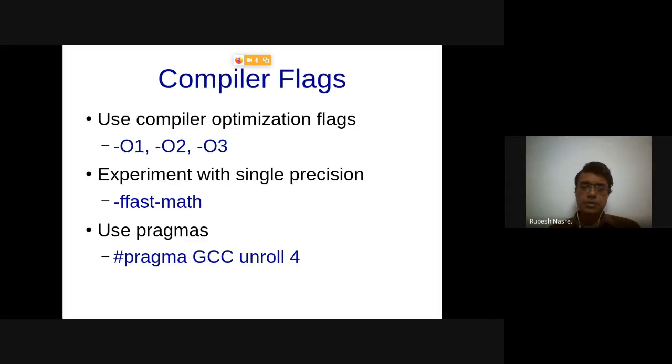Then there are certain pragmas which the compiler provides. For example, inside your code, you can add #pragma GCC unroll 4 just before a for loop. It will try to unroll the loop, meaning it will make 4 total copies of the loop body, and that might help it perform more optimizations. Sometimes it can work in a negative manner also.